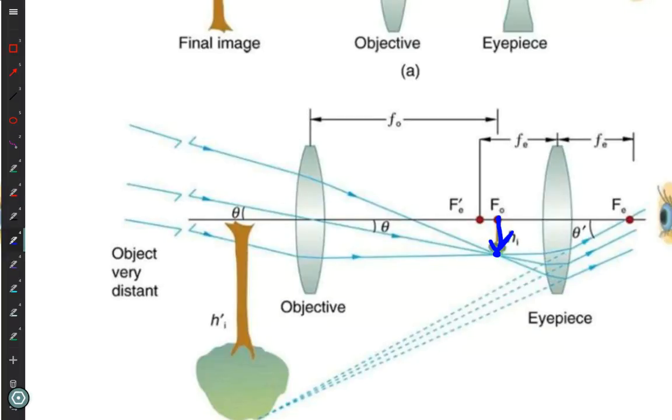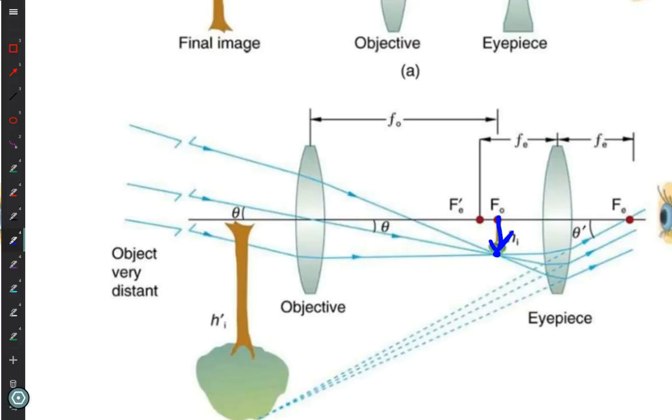Now in this picture, it's not set for unaccommodated viewing. If it was unaccommodated viewing, our eyeball is completely relaxed, where would the image be formed from the eyepiece? Where? Infinitely far away. And to do that, we would have the image at the eyepiece.